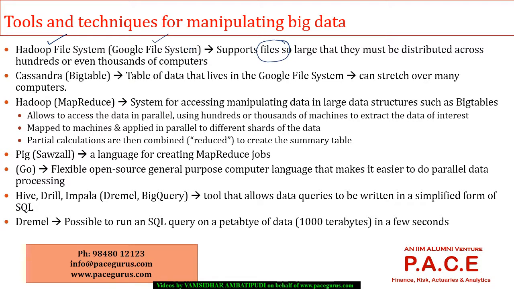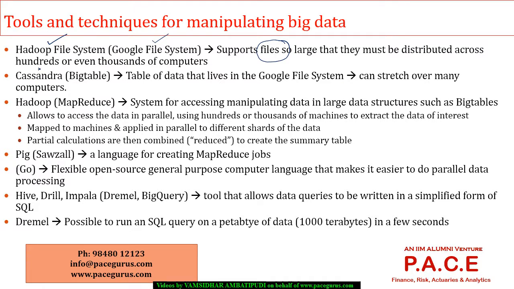So the Hadoop file system distributes data, which is so large, across multiple computers so that it can be manipulated accordingly, analyzed accordingly, and after that, while presenting, it can be grouped accordingly. All of this is supported by the Hadoop file system.